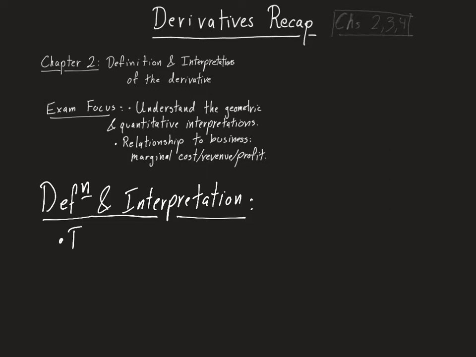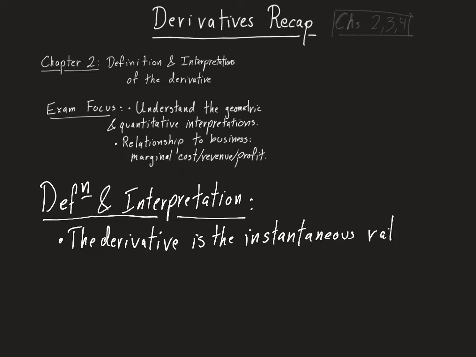First off, the derivative is the instantaneous rate of change of a function. That is the first way to define the derivative, or the first way to interpret it. And I think of this oftentimes as a more quantitative interpretation.